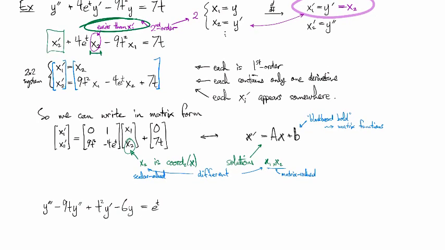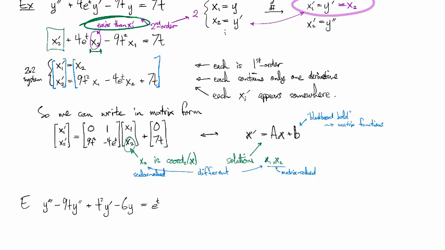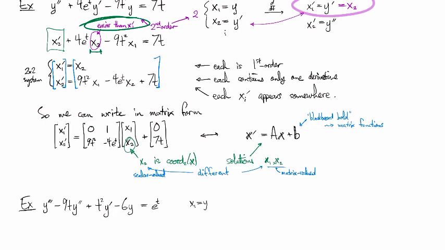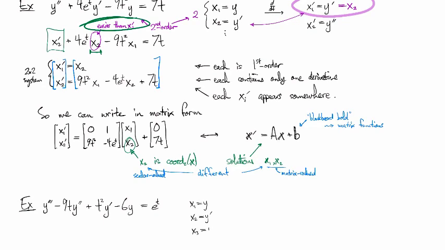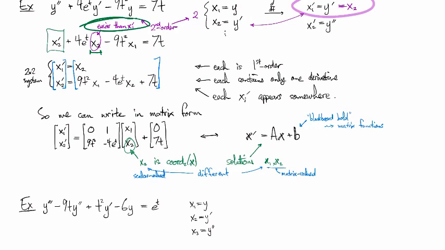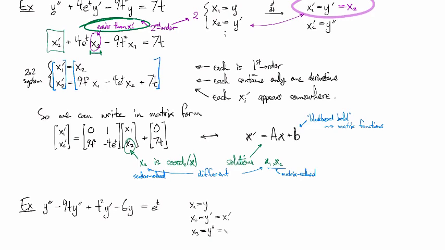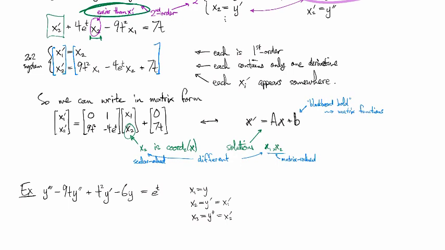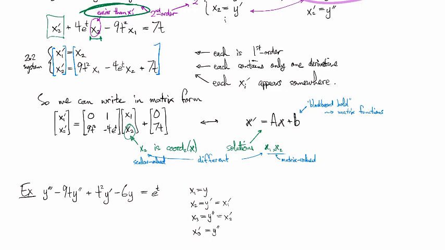Okay, so let's do the same thing again. This is a new example. I'm going to take x1 to be y, x2 to be y prime, x3 to be y double prime, and then I'm going to have x1 prime is going to be y prime, and x2 prime is going to be y double prime, which is x3, and x3 prime will just be y triple prime.